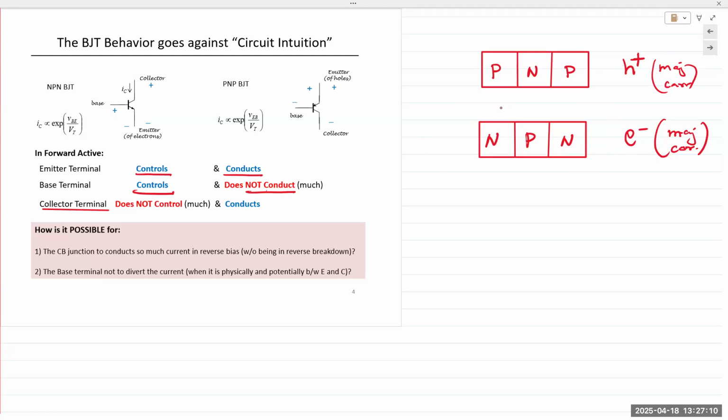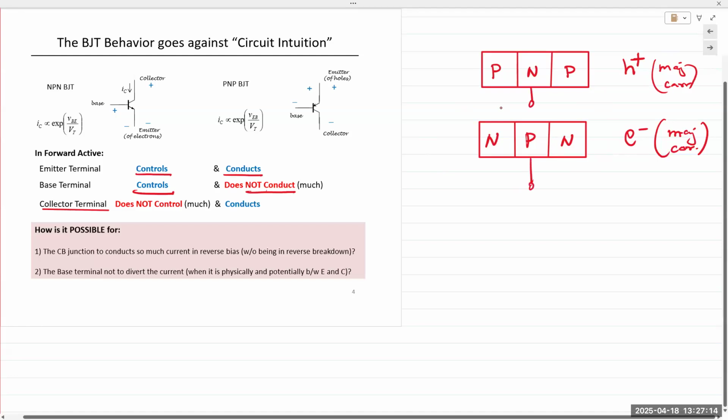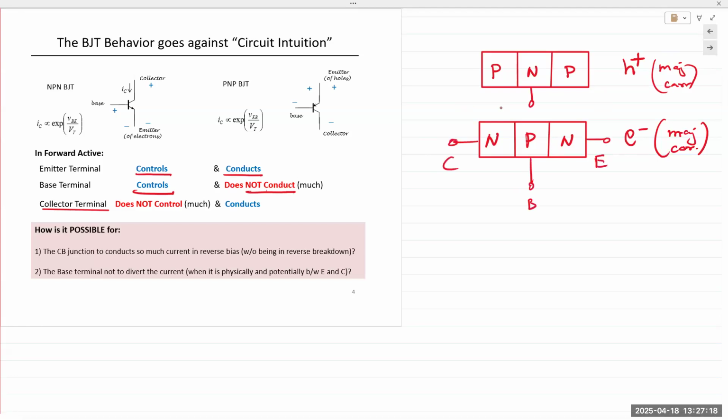Okay, so we say that the collector terminal conducts. The collector base junction, so this would be the base. Let's say this is collector and this is emitter. So we have a PN junction between the collector and base, and we have a PN junction between the base and emitter. Now, if you look at the polarity right here, what do you see?